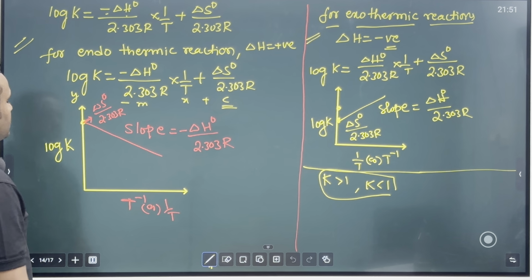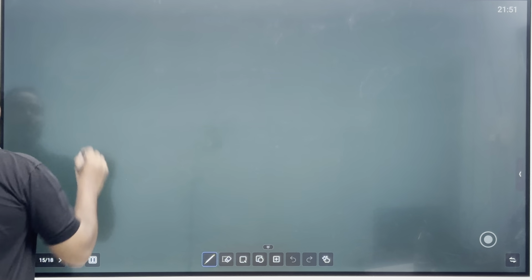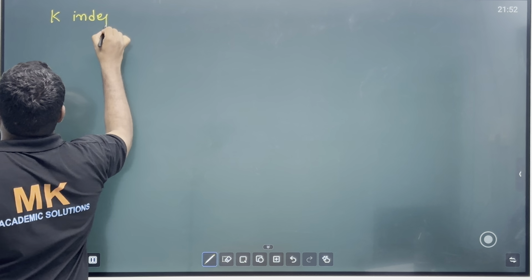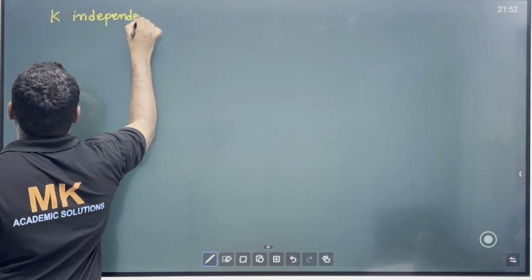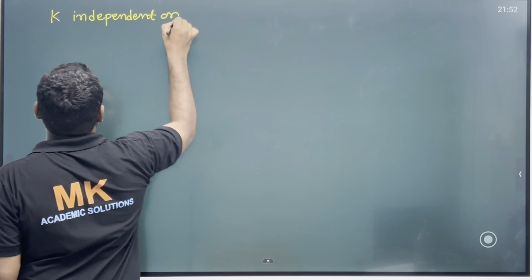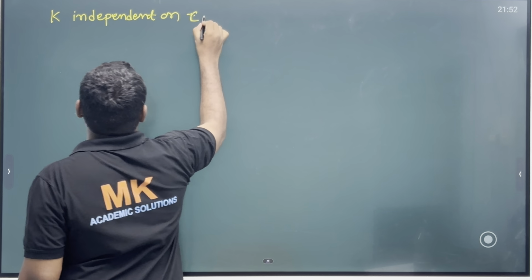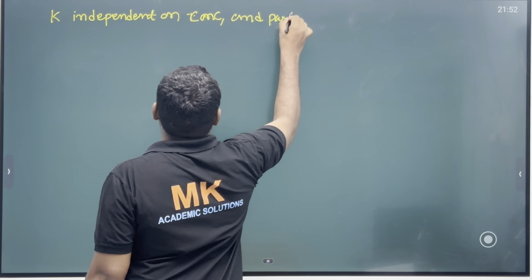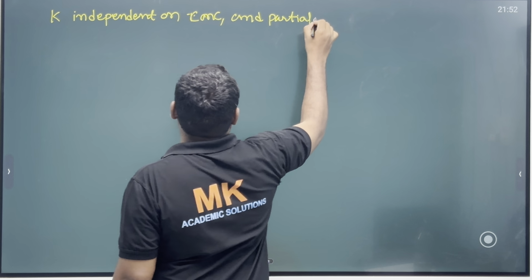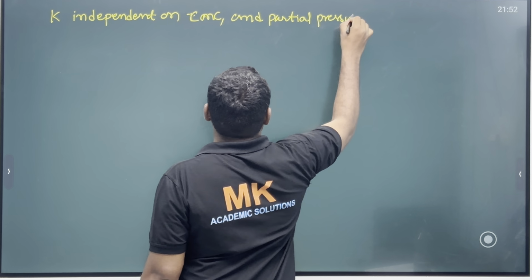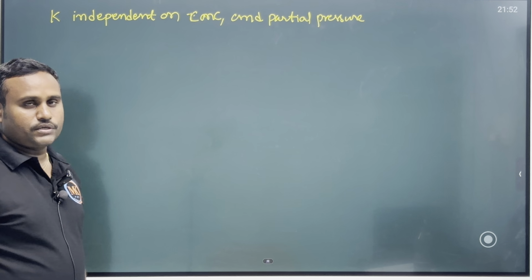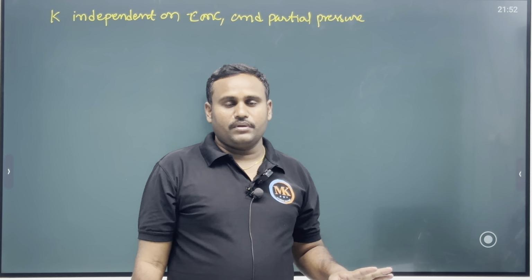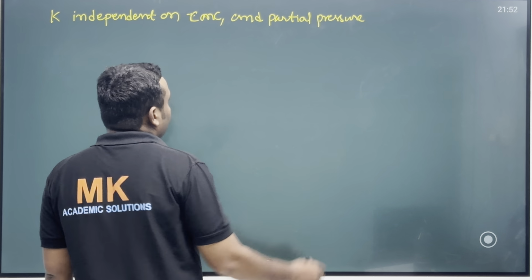Before discussing the applications of equilibrium constant, one more simple point. Equilibrium constant K is independent of concentration and partial pressures. How much concentration you take also, the equilibrium constant for a reaction is the same at the same conditions of temperature.